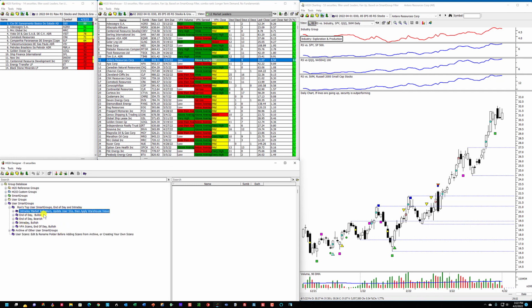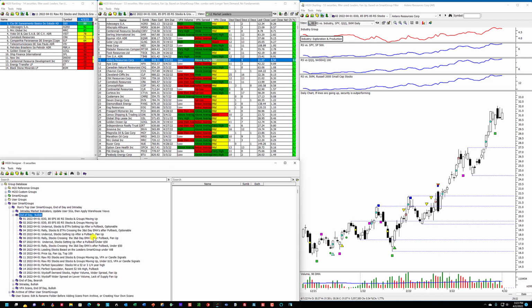I'm concentrating on these, and I've been working with these for a little over a month now. I'm picking out the ones that I wanted to have in here for now. This is intraday. I want to concentrate today on end of day bullish, and these are the smart groups that I'm using.